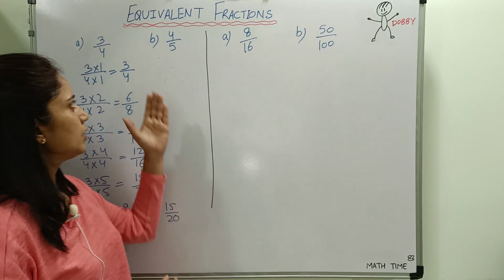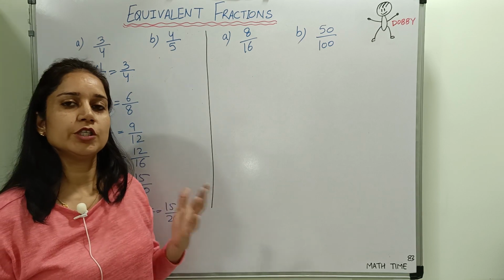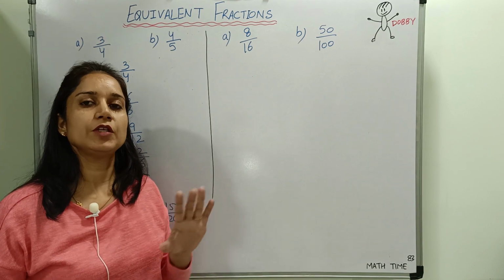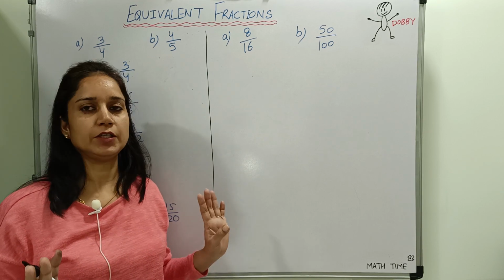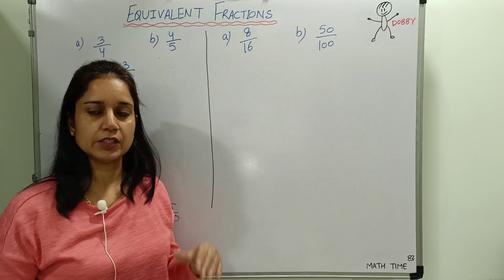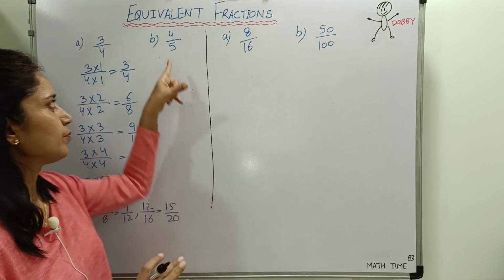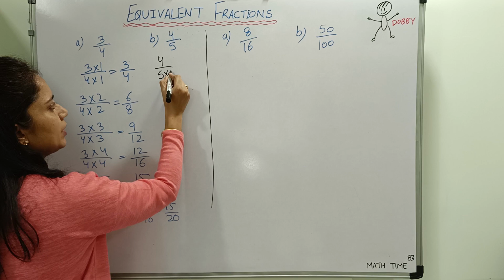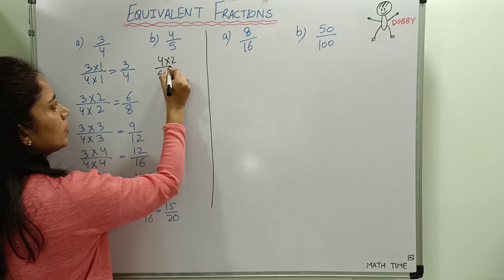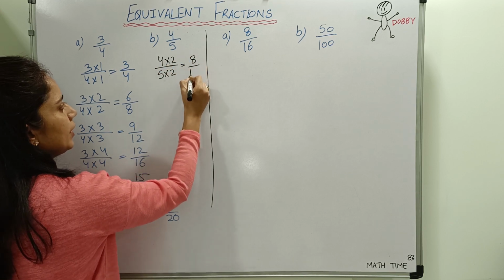Now suppose in this B part the question is asking you to find 3 equivalent fractions of 4 upon 5. Not first 3, any 3. So here we have the choice and liberty to find any 3. The given fraction is 4 upon 5. If somebody multiplies it by 2, the child will get 8 upon 10.